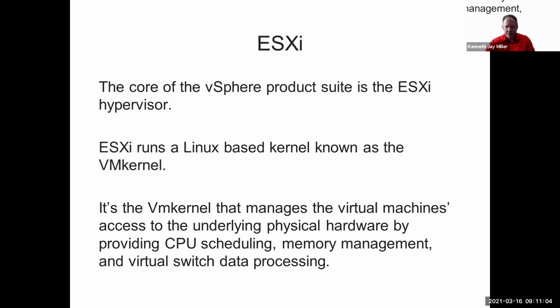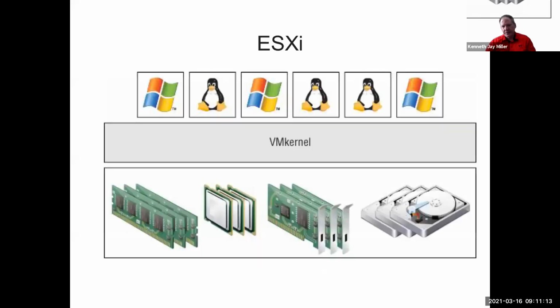So VM kernel is the kernel of the Linux operating system that ESXi uses. Here's the hardware, there's the hypervisor with the VM kernel, and there's our guest machines or virtual machines above it.